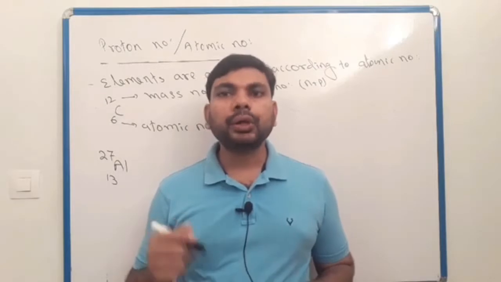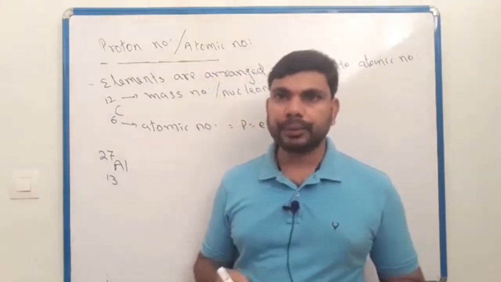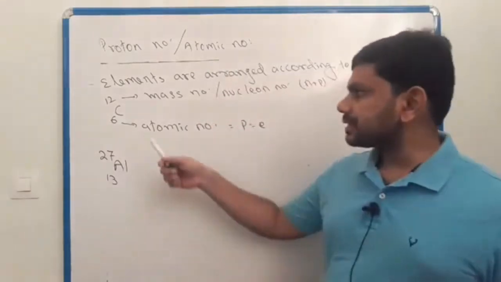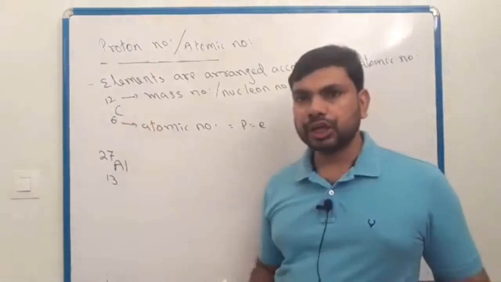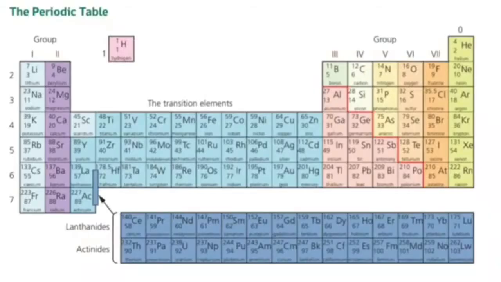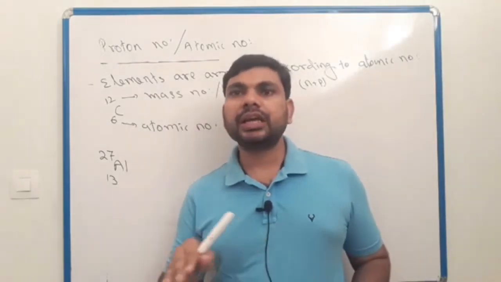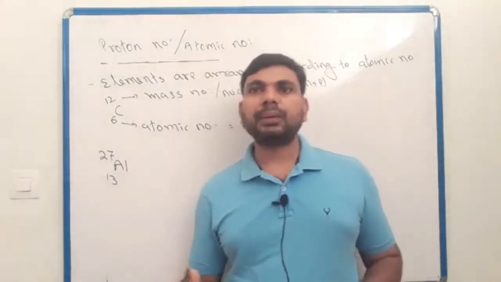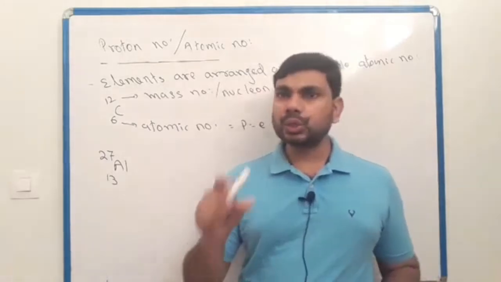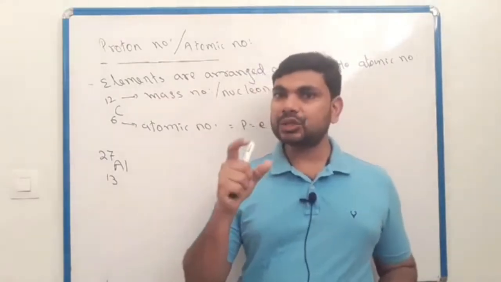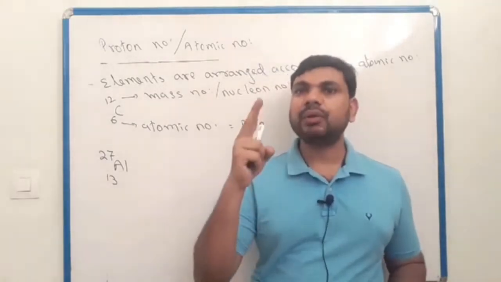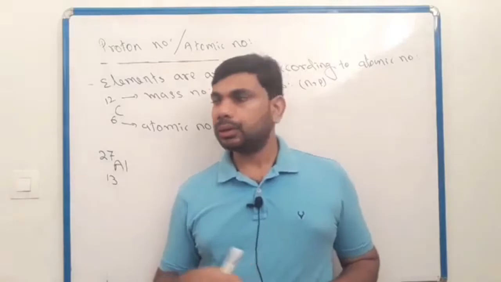Proton number, or we can say atomic number. You can see this type of numbers in the periodic table. I told you before, you can see many symbols of elements with their names. The symbols also come with 2 numbers.